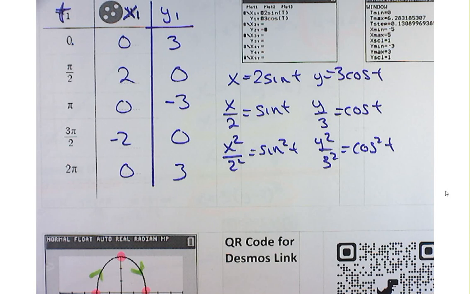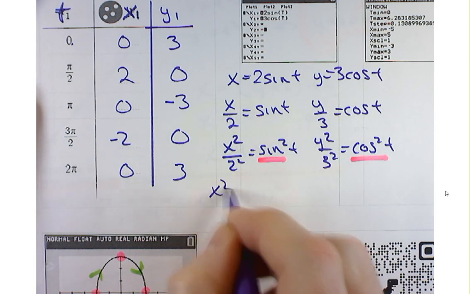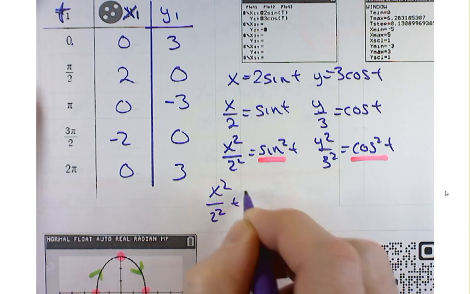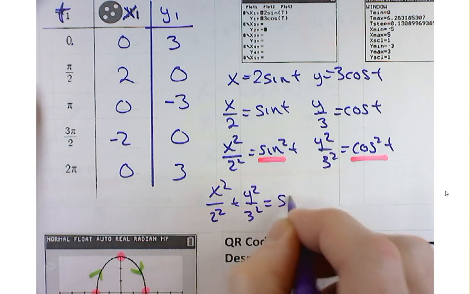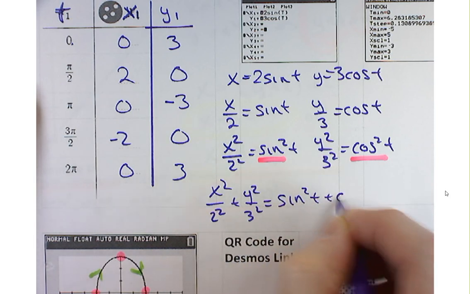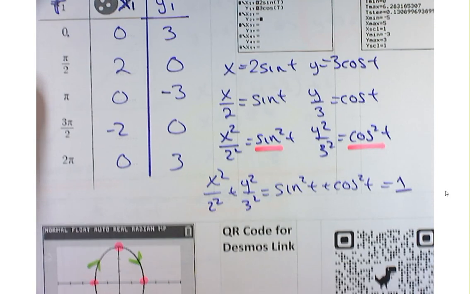And these terms in particular should start setting off little alarm bells for you: a sine squared and a cosine squared. What do you know about sine squared and cosine squared? What was the first identity we learned in this? They add up to 1. So if I add this plus this, x squared over 2 squared plus y squared over 3 squared, that's like adding sine squared of t plus cosine squared of t, and that equals 1.